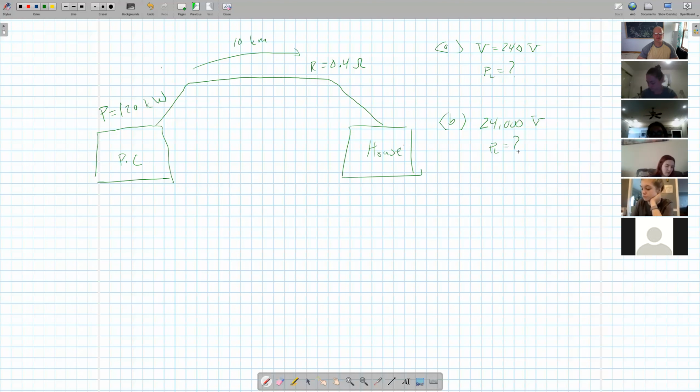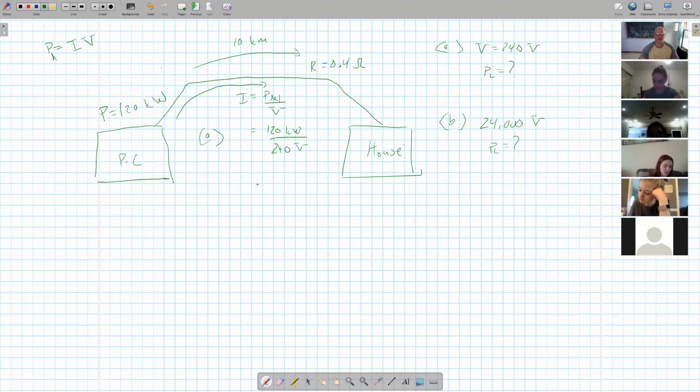Cool. So basically, what's going to happen is the current generated inside of the wire is going to be equal to, remember that power delivered is equal to the current times the potential, which means the current is equal to the power being delivered divided by the potential. In this case, that is 120 kilowatts divided by, in part A, 240 volts.